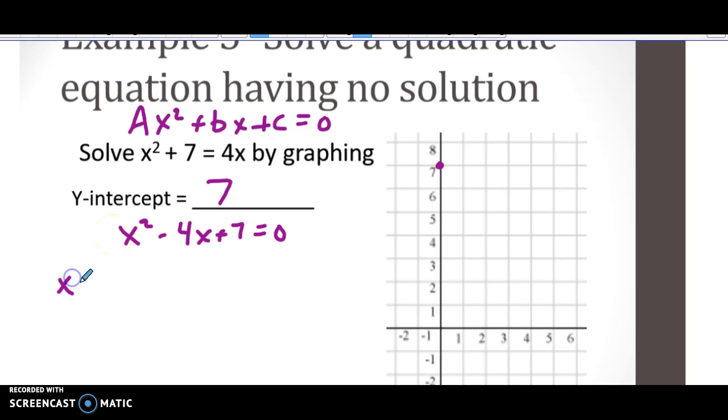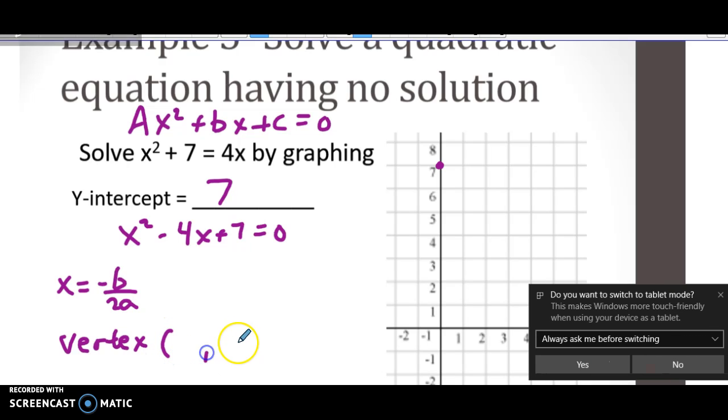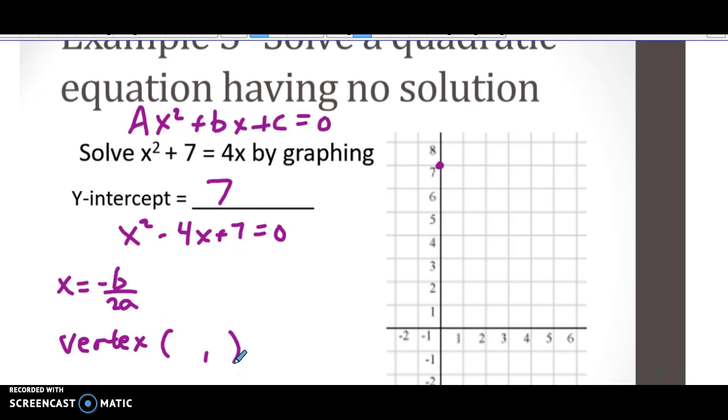Let's find my vertex. So I'm going to start by finding -b over 2a, and that's going to give me the x-coordinate of my vertex. So my b value is -4, so I have -(-4) over 2a, and a in this case is 1. -(-4) makes +4. 2 times 1 makes 2. 4 divided by 2 is 2.